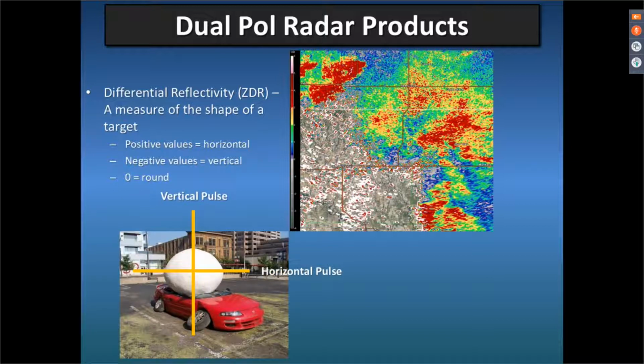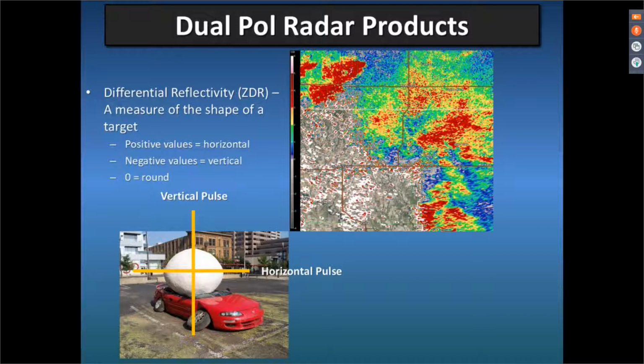So you can kind of think of it, if the radar energy is going out into the atmosphere and it's hitting something that it thinks is around 0, that's probably going to be a hailstone or something like that. And if the ZDR is significantly below 0, it's probably hitting what's likely a spiky hailstone or something that's more vertical in shape.